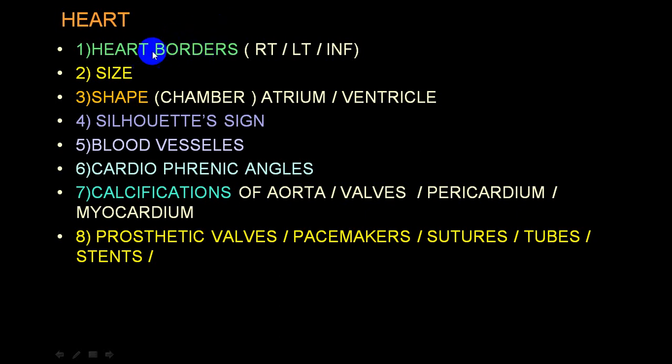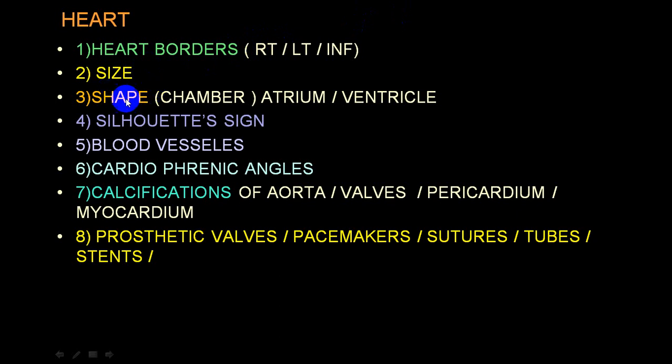If you can identify the heart border very clearly, you will be able to identify the size of the heart very clearly, whether it is normal, whether it is enlarged, which we call cardiomegaly, or if it is a little less than expected normal.